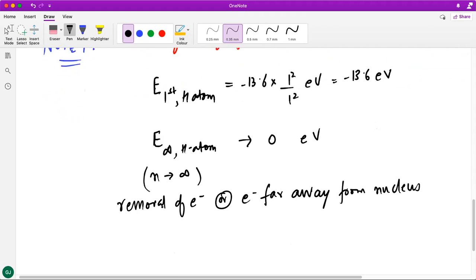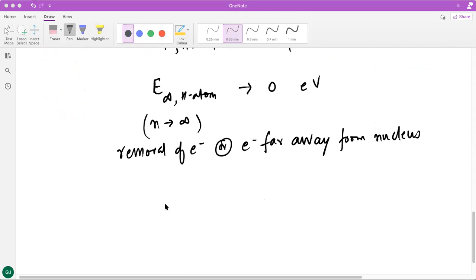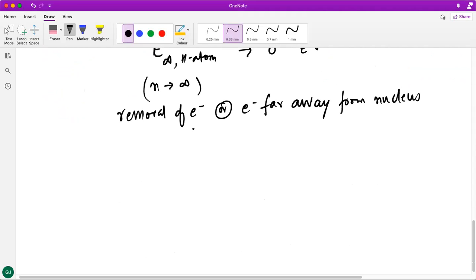And now notice, if we wish to remove this electron, then what is the change in energy? Change is always written as final minus initial.